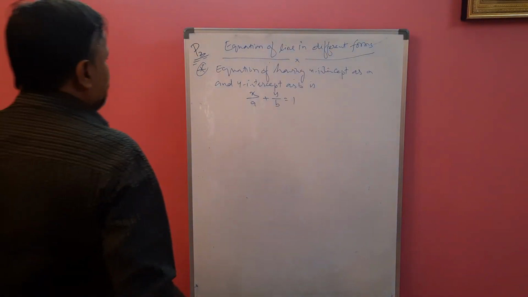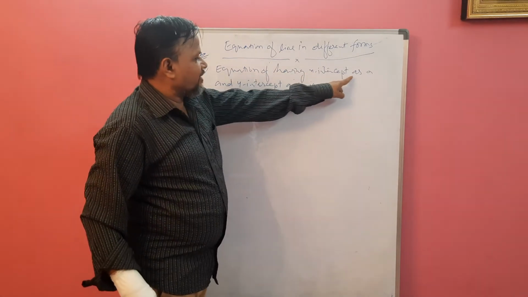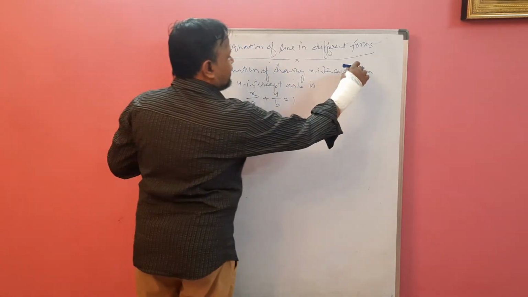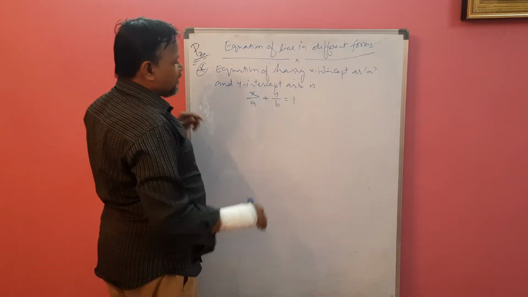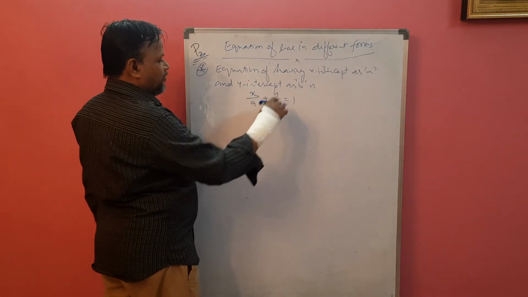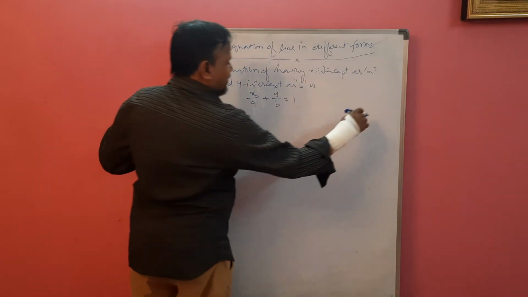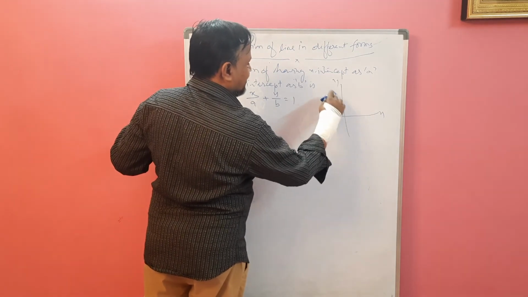Now, the equation of a line having x-intercept as a and y-intercept as b is x by a plus y by b equal to 1. Here it's easy: we know that this is x and y. It cuts like that.